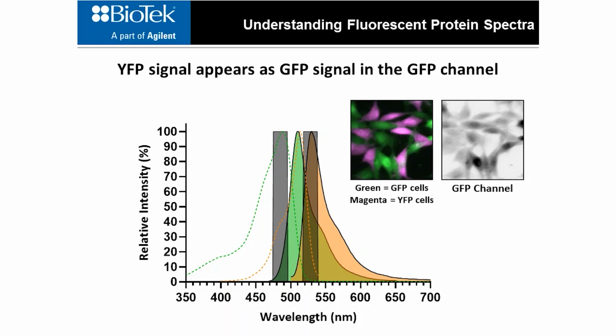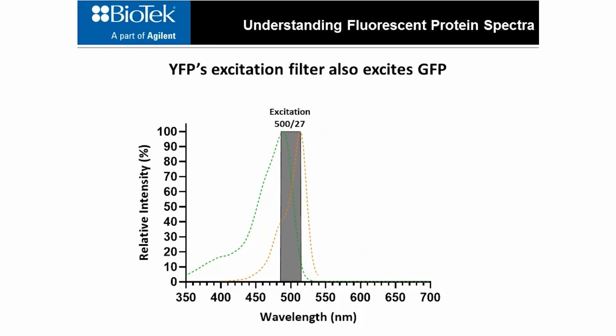What I hope is obvious is on the right, where you isolated the GFP channel, those cells that exclusively express YFP are showing up in the GFP channel, and that's because of a mismatch in your filter sets when exciting both of these fluorophores. Now the same is true for YFP's excitation as well, where the YFP excitation filter, which is 500 with a bandwidth of 27 nanometers, as you can see with the excitation for GFP, you're still exciting some GFP if that's present.